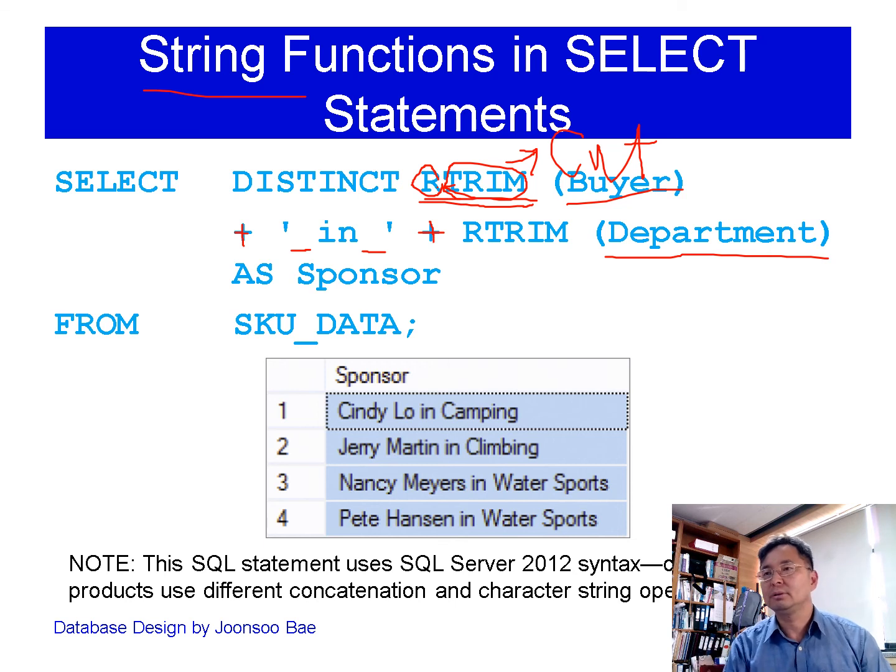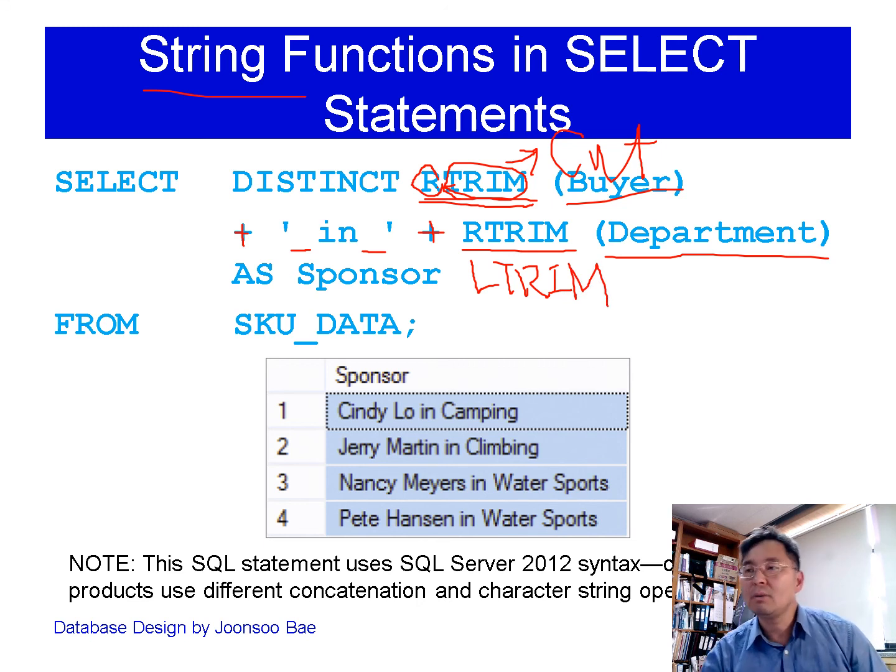To be a more reasonable operation here, instead of RTRIM, LTRIM is more reasonable, because I want to delete any blank at the left side of department. In order to insert only one blank between in and department, I must use LTRIM instead of RTRIM. And the whole result will be named sponsor.